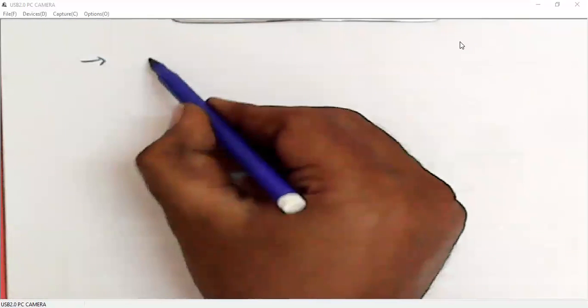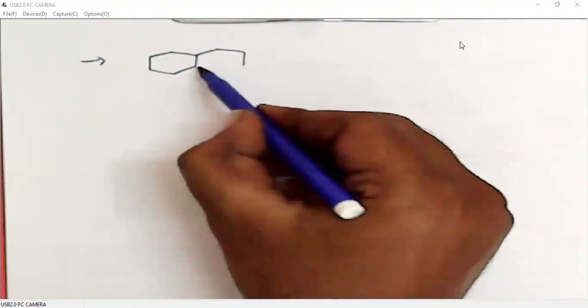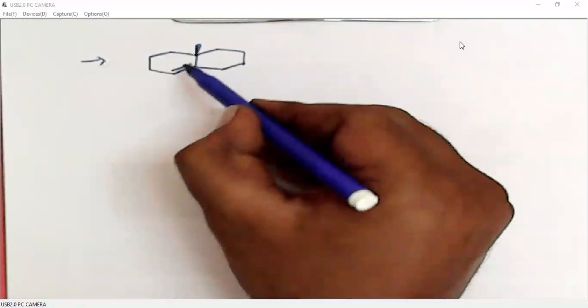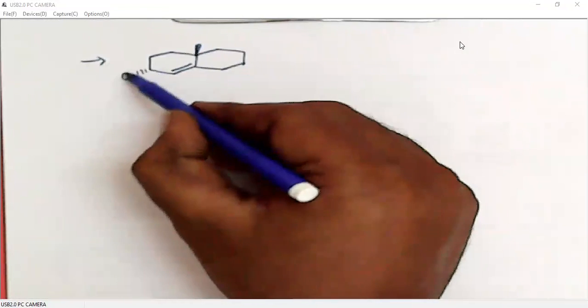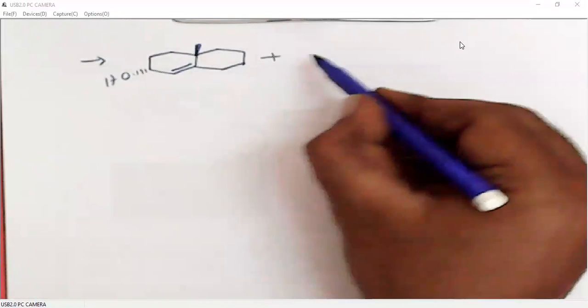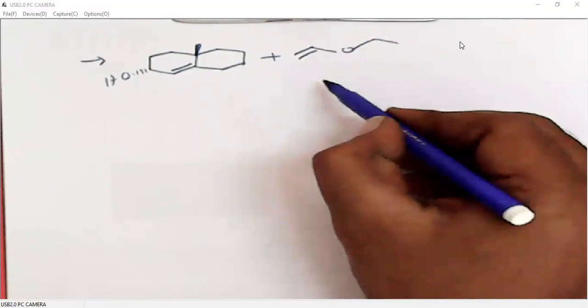Now we will see how we generate substrates for Claisen rearrangement. When we have allyl alcohols, they can be vinylated using vinyl ethyl ether.